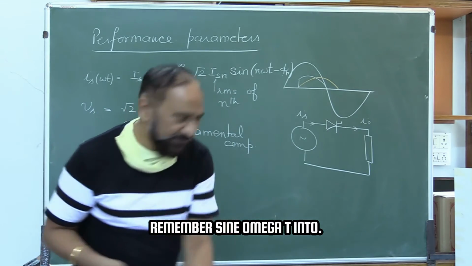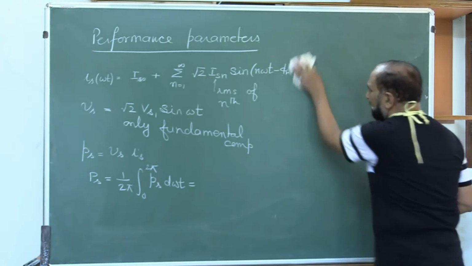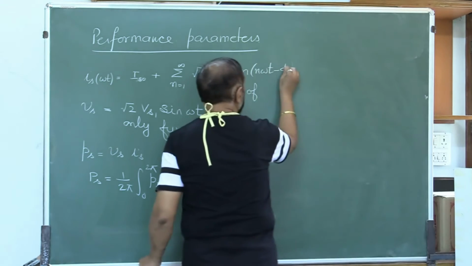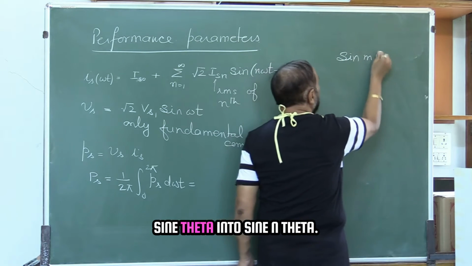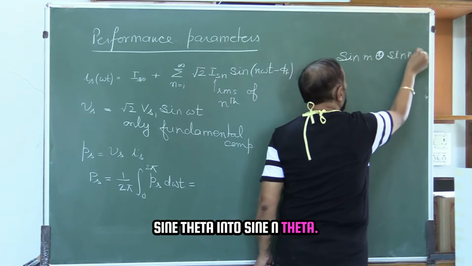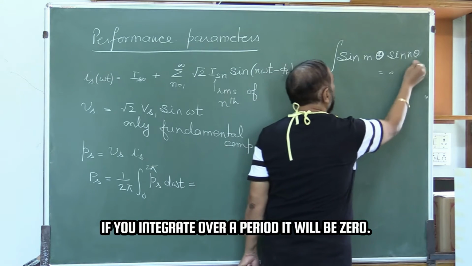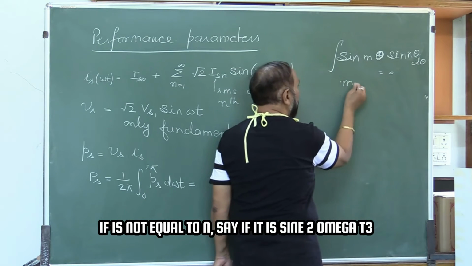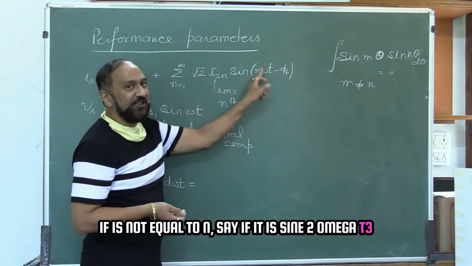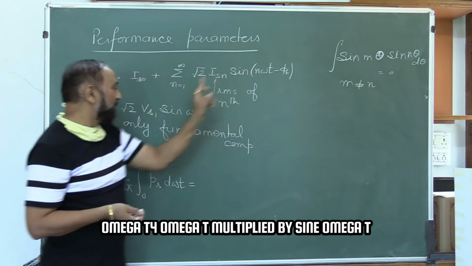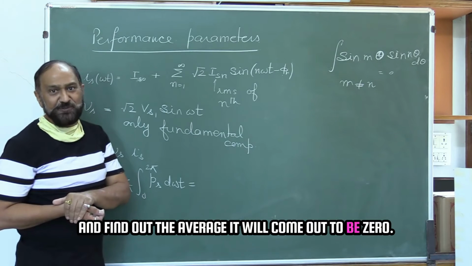Remember, just remember this expression, sin m theta into sin n theta. If you integrate over a period, it will be 0 if m is not equal to n. So if it is sin 2 omega t, 3 omega t, 4 omega t, multiplied by sin omega t, and you find out the average, it will come out to be 0.